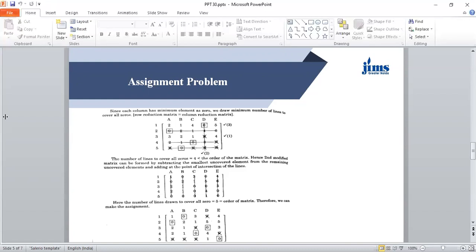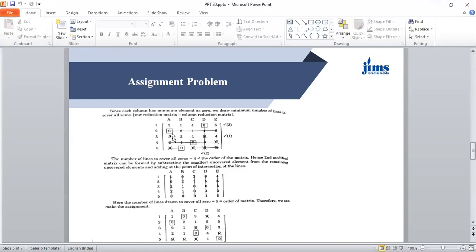So likewise, we have found that here only 4 lines are sufficient to cover all the zeros, and therefore this is not the final solution. We have to proceed to some other steps.